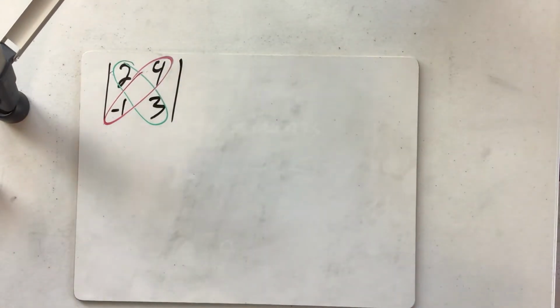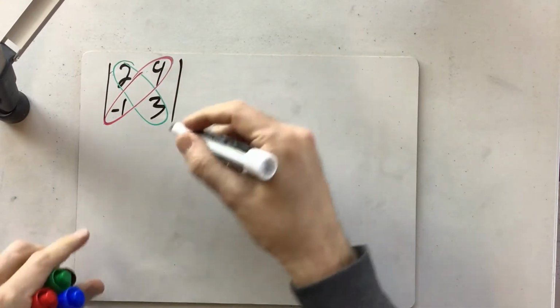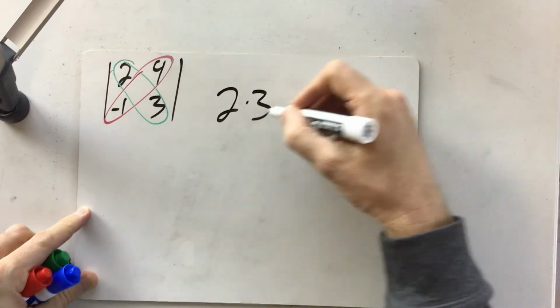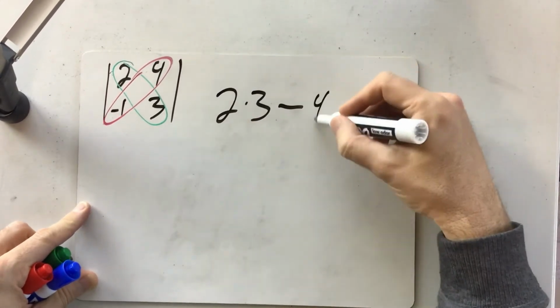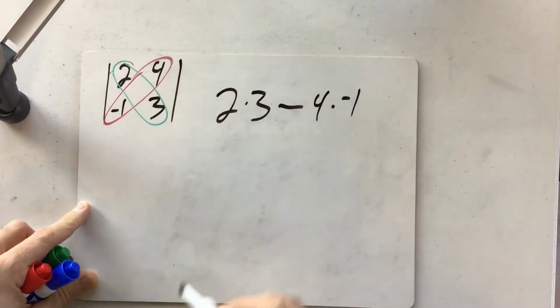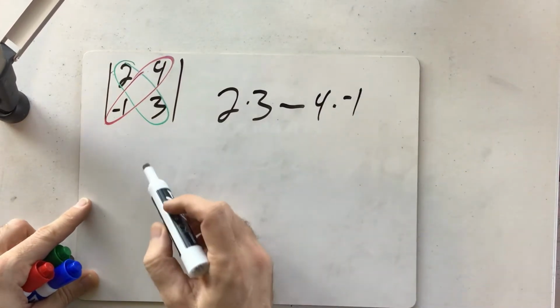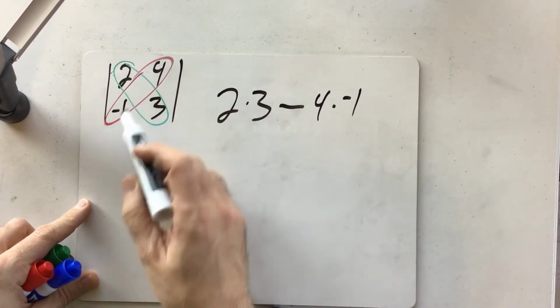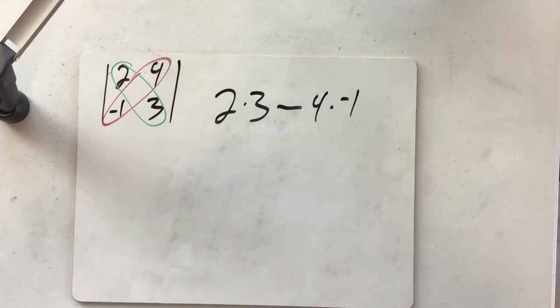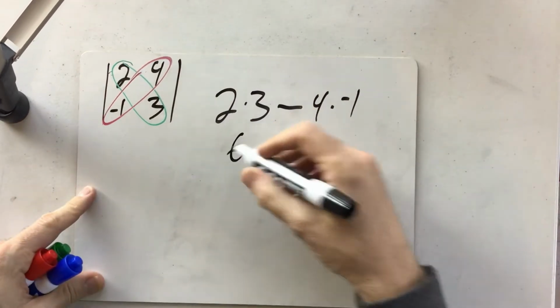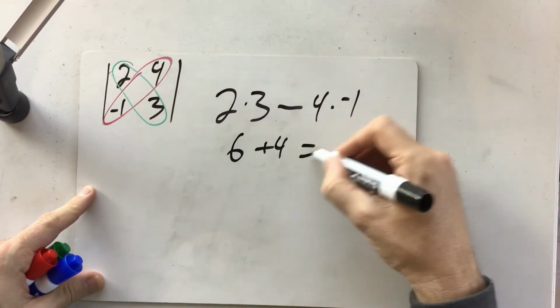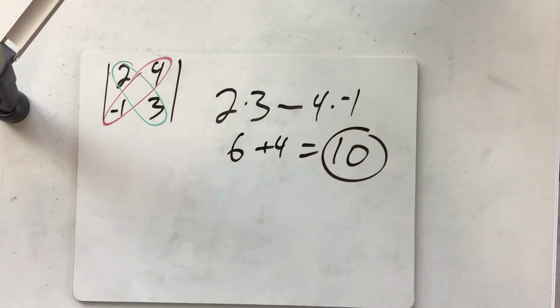So our answer was 2 times 3 minus 4 times -1. Our formula before was AD minus BC. So this ends up being 6 plus 4, and so 10 is what we get for this determinant.